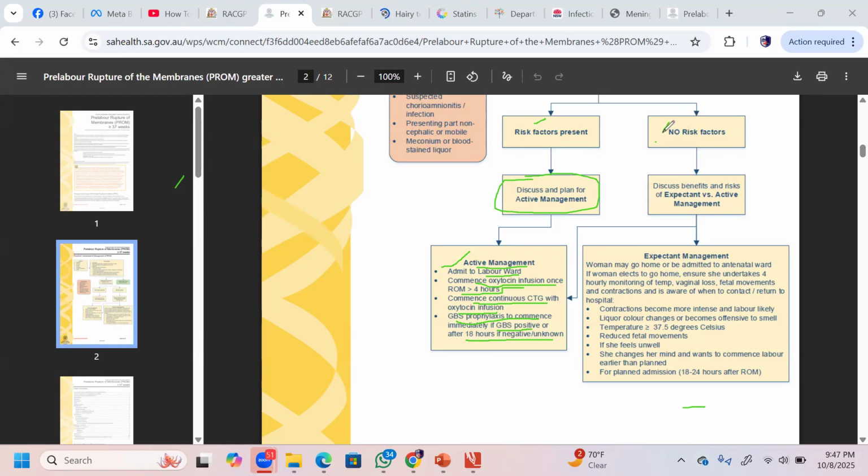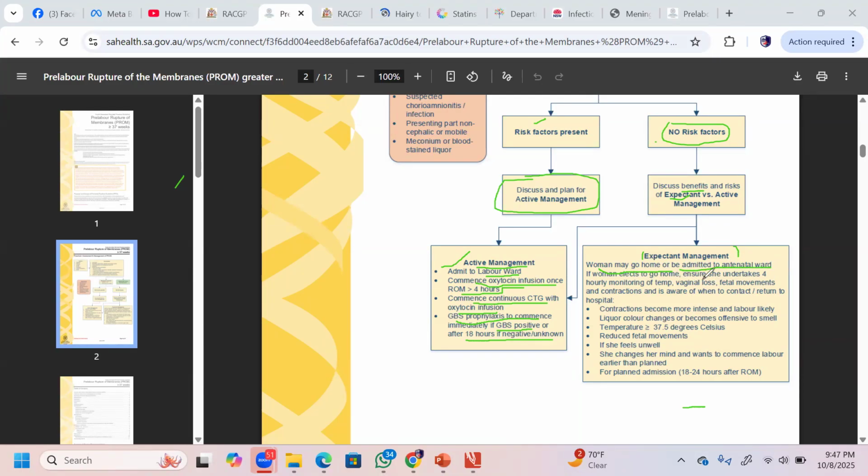On the other hand, with no risk factor but membrane ruptured, you will discuss expectant management and active management. And expectant management means the woman may go home, or depending on the patient's wish, be admitted to the antenatal ward.